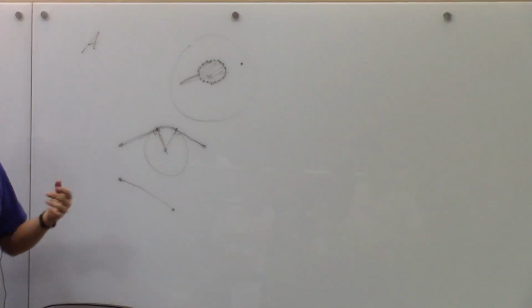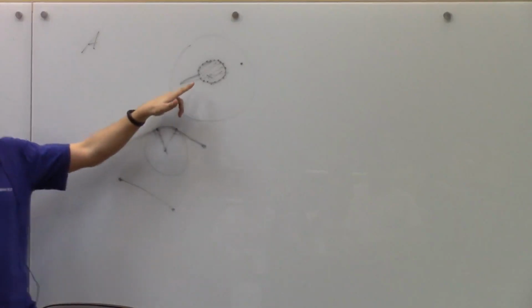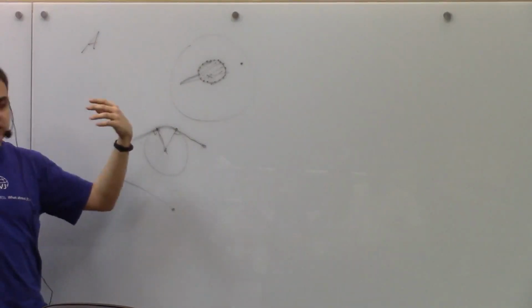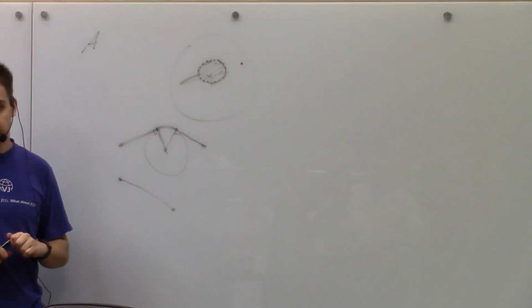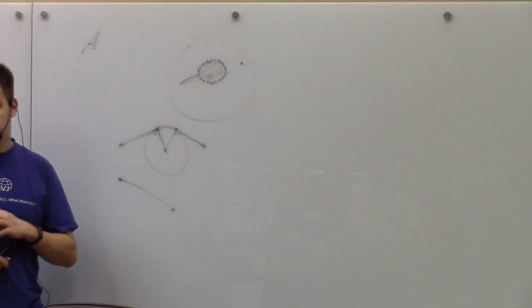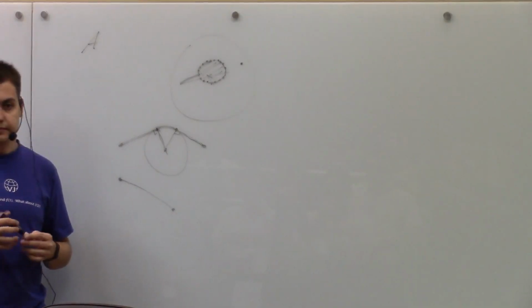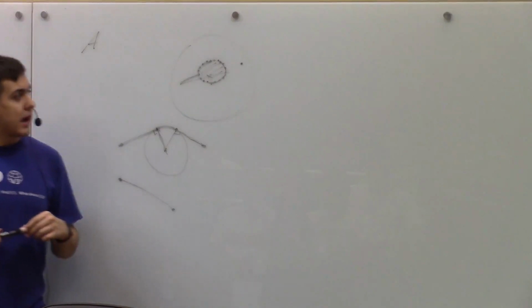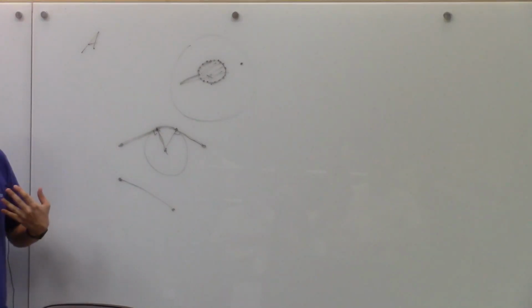Now we only have one segment on the sphere, and we would like to find, does it cross the circle? Okay, and this is similar to how you would do that on a plane.